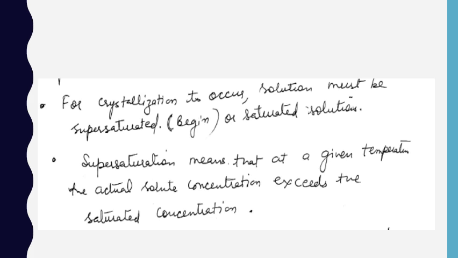And we should know the difference between saturated and supersaturated solutions. Supersaturation means that at a given temperature, the actual solute concentration exceeds the saturated concentration. Saturated concentration is the maximum amount of solute in the solvent.